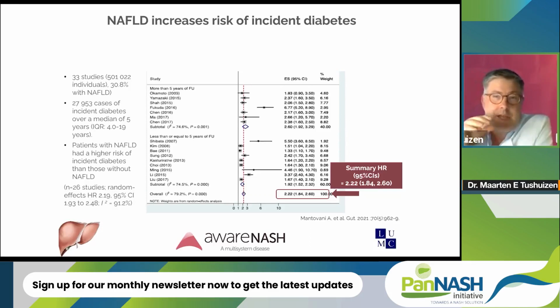You see a hazard ratio of 2.22. So patients with NAFLD have an increased risk of developing diabetes, and the diabetes itself will worsen the NAFLD, the formation of fibrosis, and so forth. So this is also a real problem for the future.